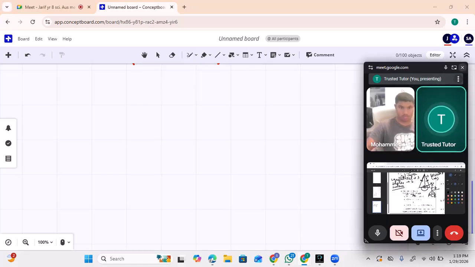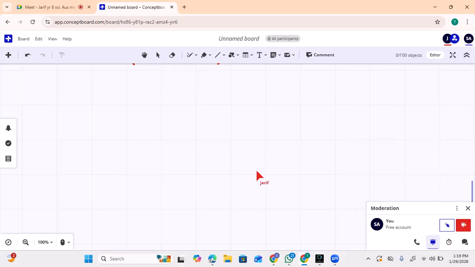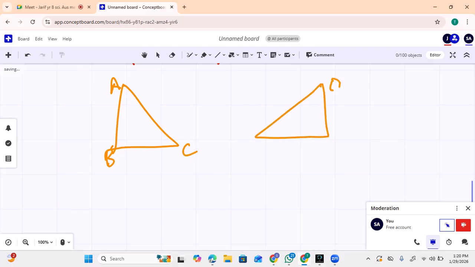You're on the board, right? Okay, so for instance I have this triangle, which is triangle ABC, and this triangle, which is triangle DEF. So I have an angle here and an angle here. Now if I say that the angle at B is 90 degrees, the angle at E is also 90.